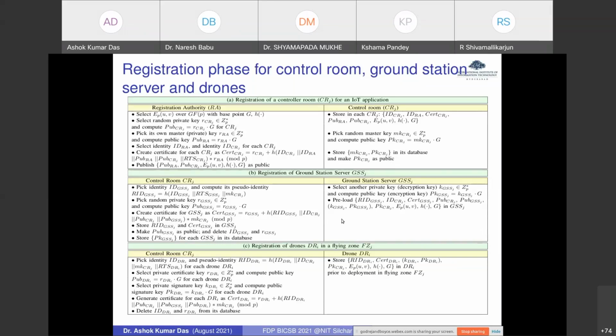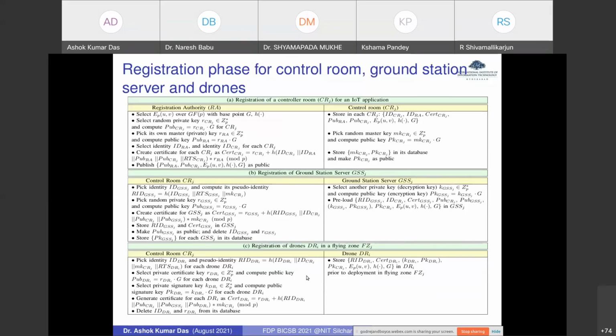In a similar manner, registration of ground station servers will take place, where the control room will again pick the identity of the GSS, certificates, and other parameters, and ground station servers will preload the pseudo identity of the control room, certificates generated by the control room, and other information that will be stored in its memory.